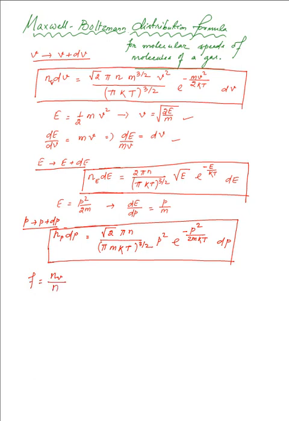So n gets divided onto the left hand side, and we have the fractional value, the number of molecules that are possessing the velocity v, and we can consider the variation of this number with the variation in velocity.